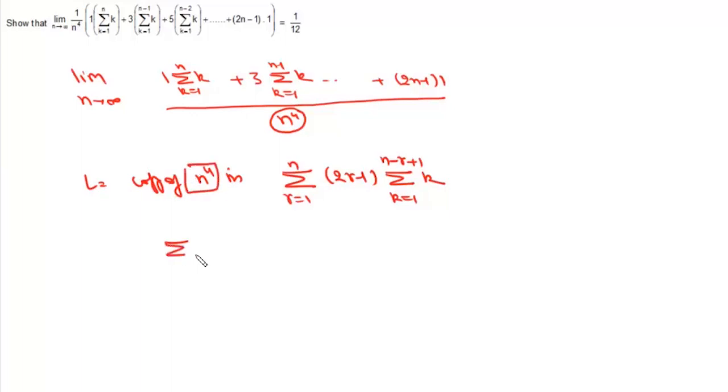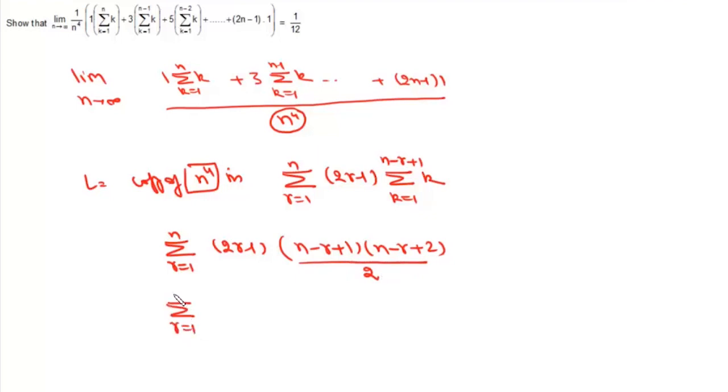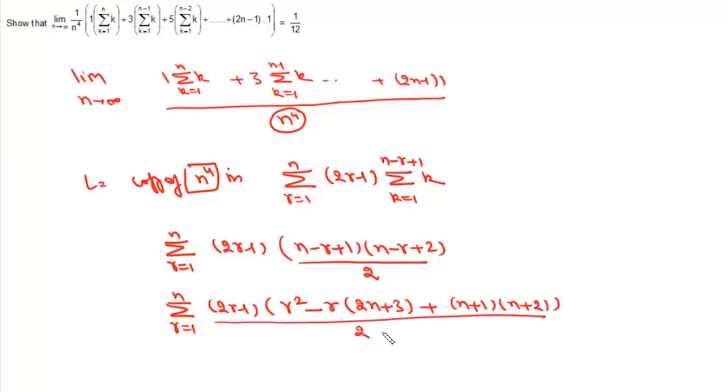Now this is summation r varies from 1 to n, 2r minus 1, and here it will be n minus r plus 1 into n minus r plus 2, whole divided by 2. Now we can write this as summation r varies from 1 to n, 2r minus 1, and here will be r square minus r into 2n plus 3, plus n plus 1 into n plus 2, whole divided by 2.